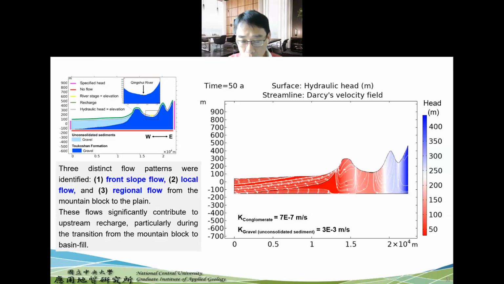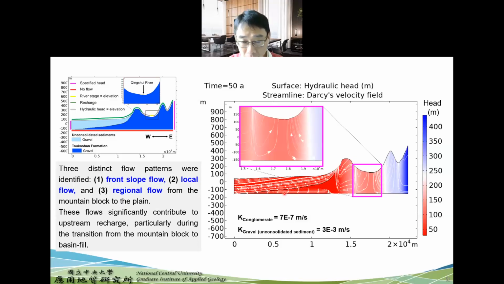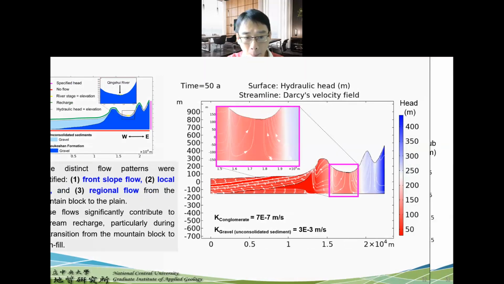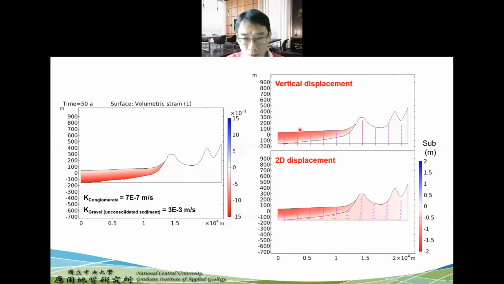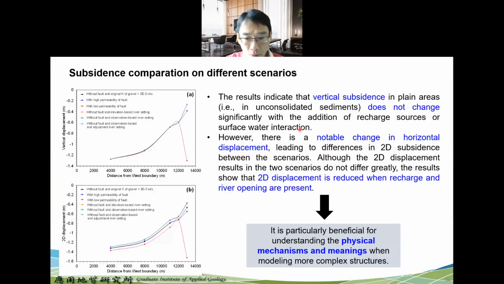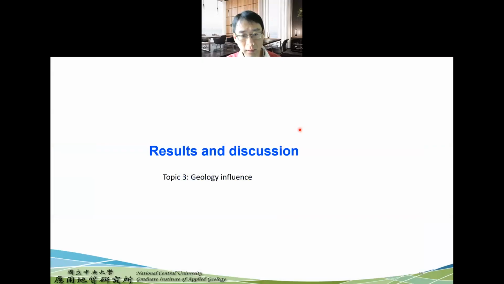So even though they form a sink as I mentioned in the previous cases, if we have much deeper circulation, we might have a much deeper circulation flow path. And the Tinshui River will become the discharge area, so the water will outflow. Okay, so displacement escape and compression escape.